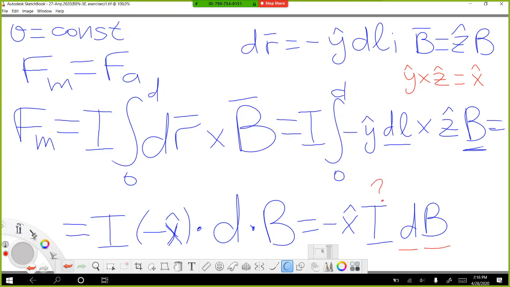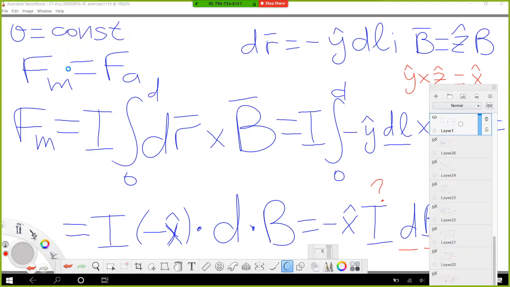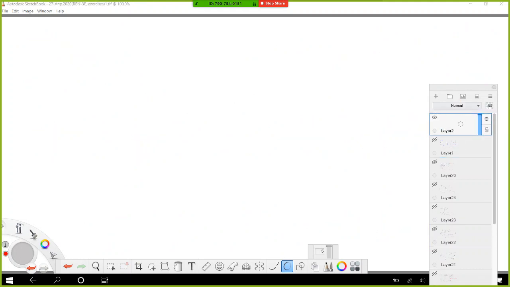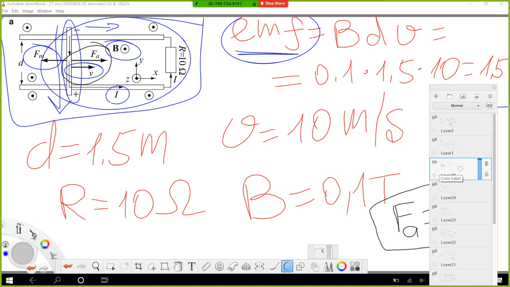Okay, here we know the value of B and the value of d, but we don't know the value of I. The value of I is simply computed through Ohm's law. I is equal to the electromotive force which occurred in our circuit divided by the resistance present in our circuit. Okay, let me show you here.